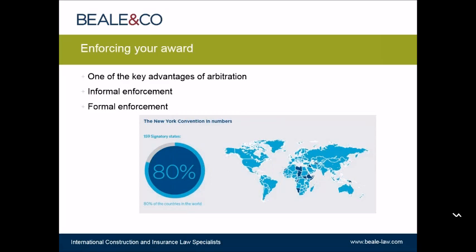This is because, provided that both the country in which the award was ordered and the country in which the enforcement will take place are signatories to the convention, and provided that the arbitration award meets the convention's basic requirements, that is, 1, it is in writing, and 2, it is signed, the award in such an instance will be recognized as binding and can be enforced by the party in any other signatory state with the assistance of the local courts.